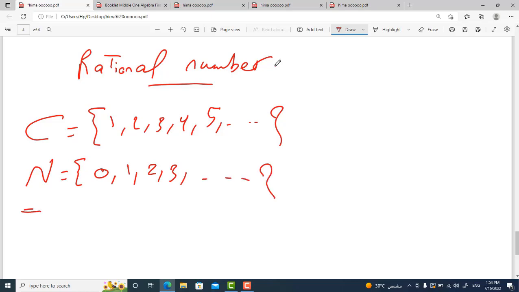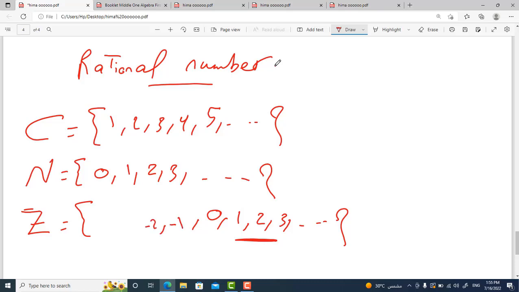And in junior 6 we talked about Z, the integer numbers: 0 in the middle, positive numbers 1, 2, 3, and so on, and negative 1, negative 2, negative 3, and so on. So we have the counting numbers, the natural numbers, and the integer numbers.